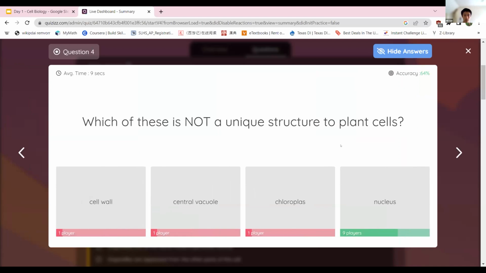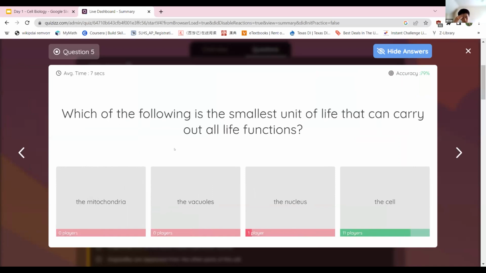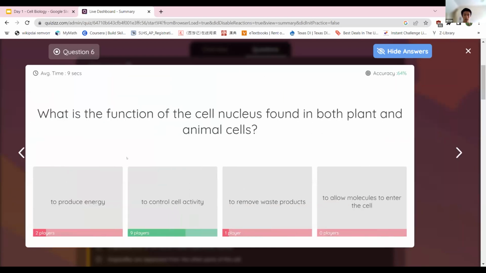Okay, it looks like only a couple of y'all got this wrong. I went over this directly. Smallest unit of life. I was emphasizing this throughout the entirety of the lesson, so I hope you understood it, but the smallest unit of life is the cell. Okay.